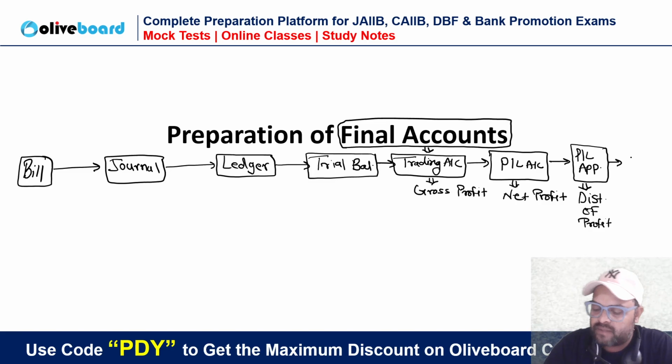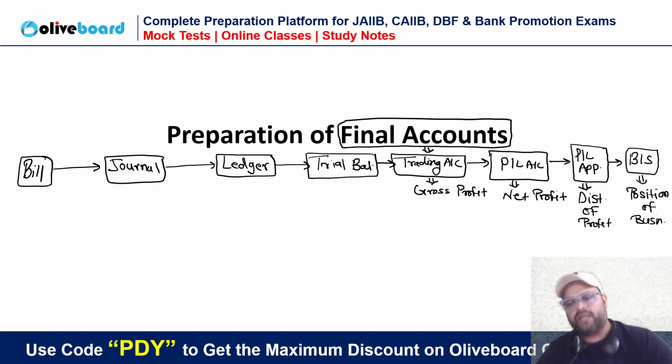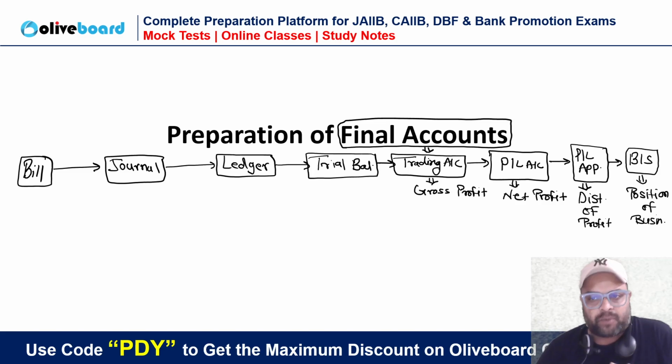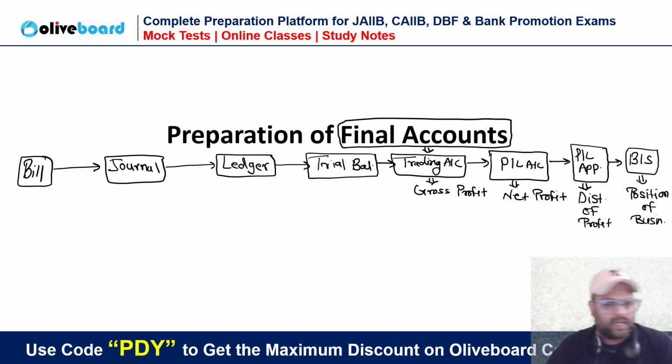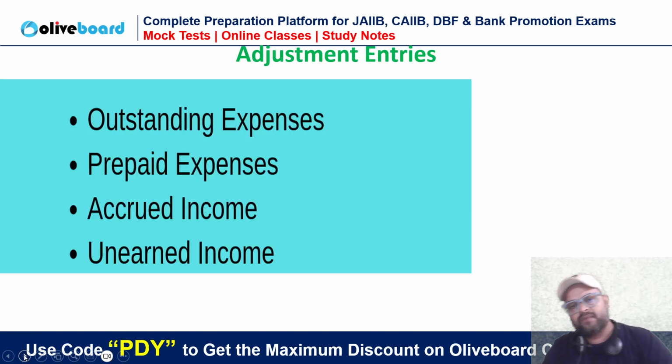Then balance sheet is prepared, and that balance sheet tells us the position of business. So end of the day, this is the complete process which is followed when final accounts of any organization are prepared. Let's deep dive into certain concepts.